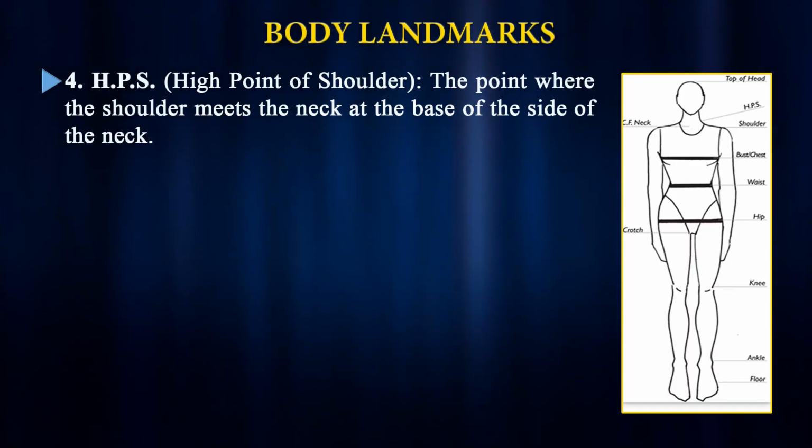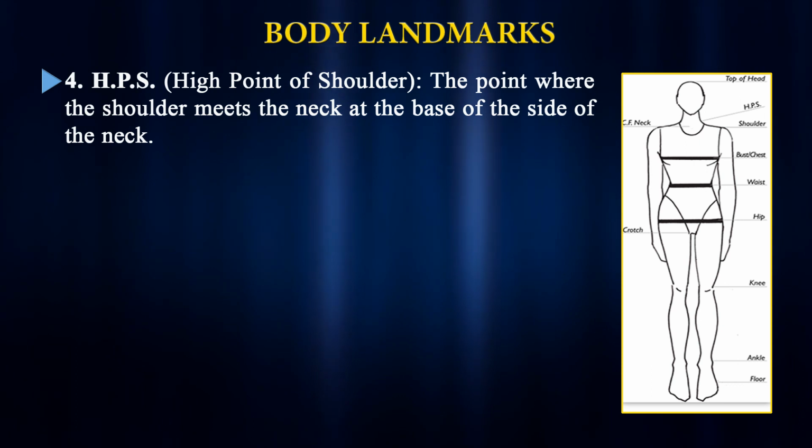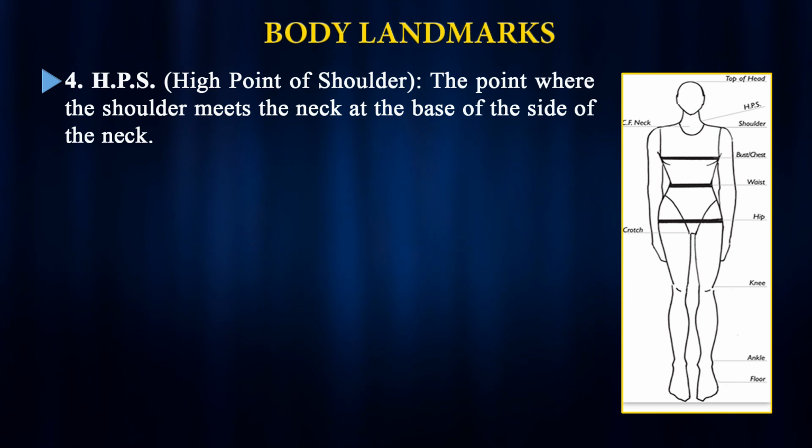The fourth landmark on the body is the high point of shoulder. Which point can we say is the high point of the shoulder? It is the point where the shoulder meets the neck, at the base of the side of the neck. These are the shoulders, and this is the point where our shoulder meets the neck.